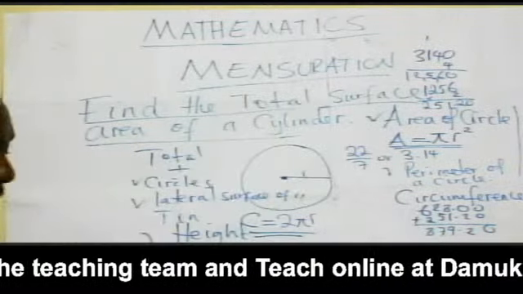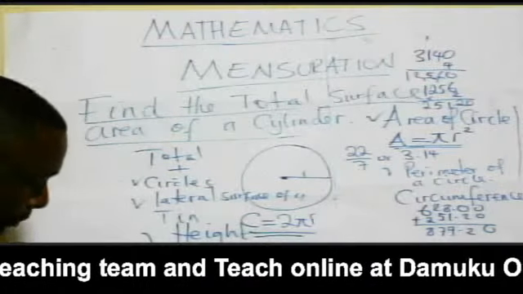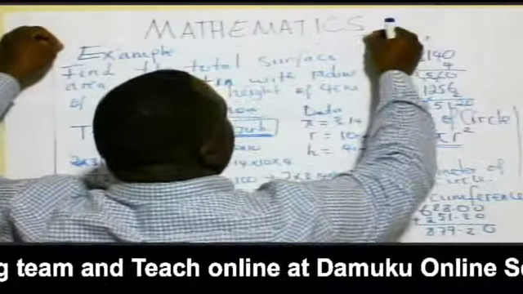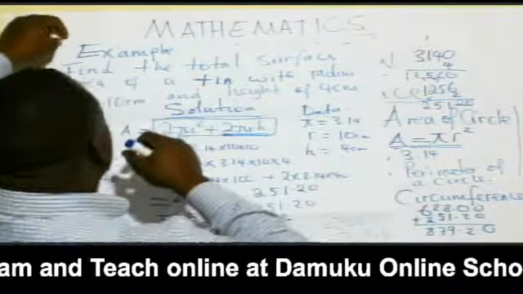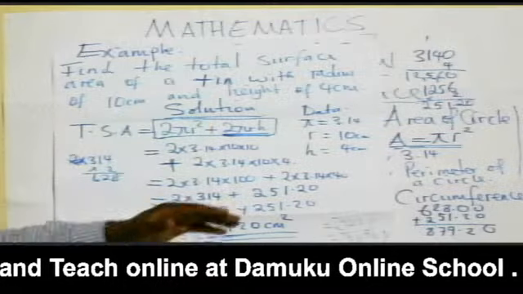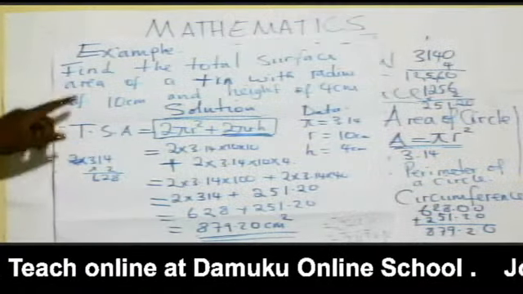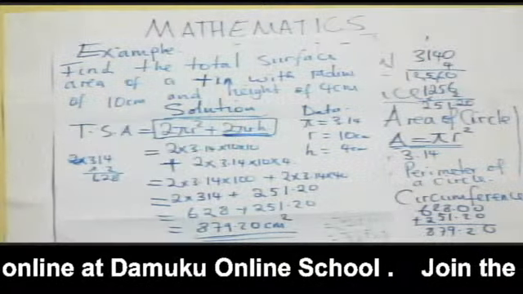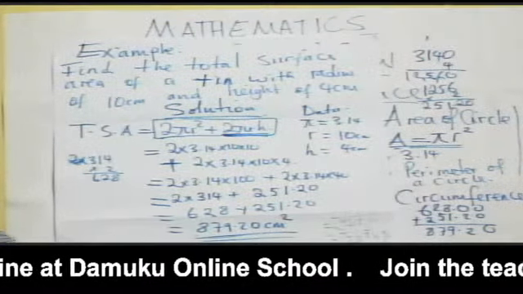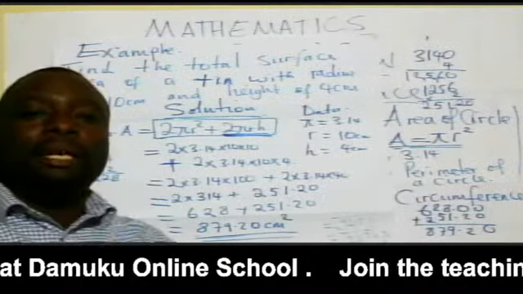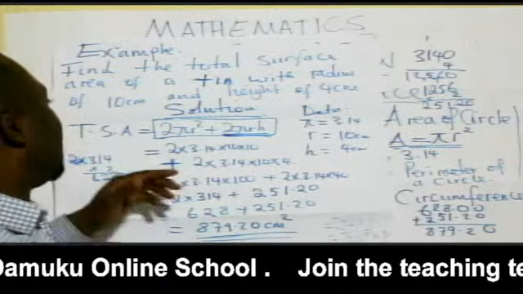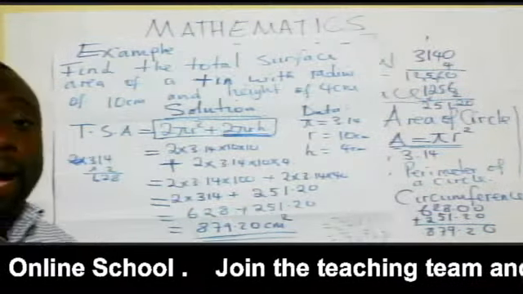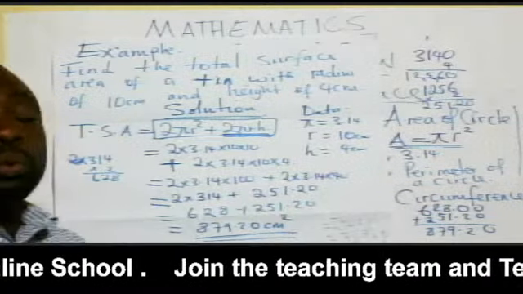I have a worked example here. The example says: find the total surface area of a tin with a radius of 10 centimeters and a height of 4 centimeters. So basically, we get our total surface area formula, and we know that pi is 3.142.